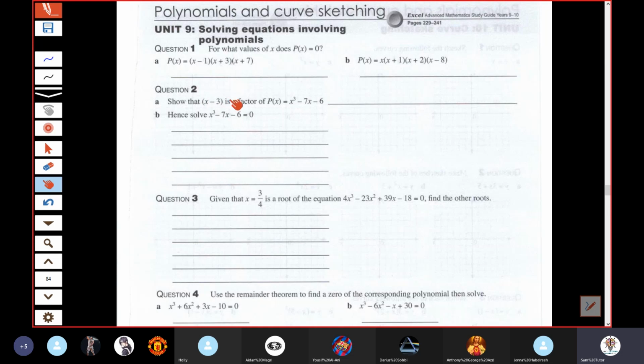You start to see it gets very repetitive, which is good. We like repetition because that means we'll do really well, less memorizing. How do I show something is a factor? Sub in x equals 3, gives me a remainder of 0. Then how do I solve this?